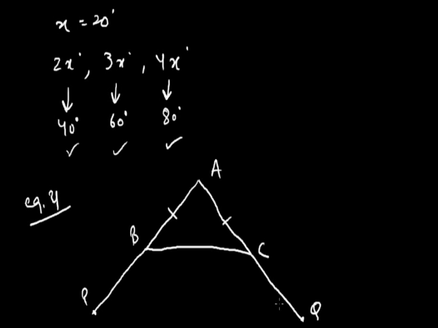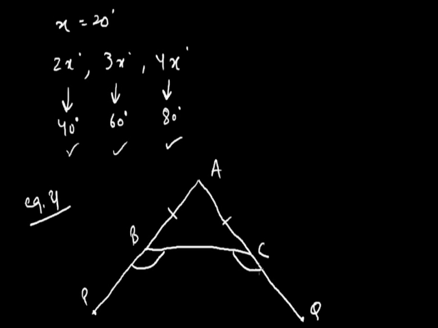The bisectors of the exterior angle B and exterior angle C. Exterior angle B means angle PBC, and exterior angle C means angle QCB. Exterior angle B is this angle which I am highlighting, and exterior angle C is this angle.